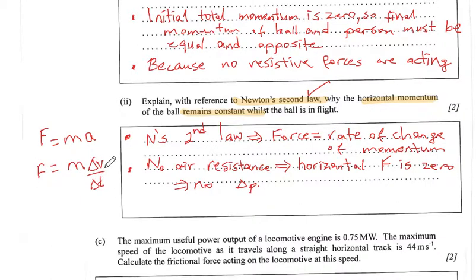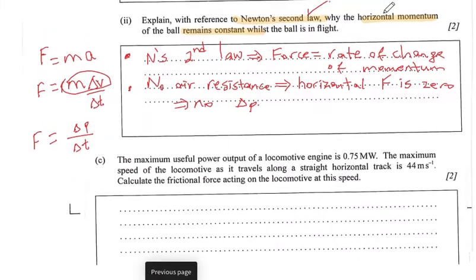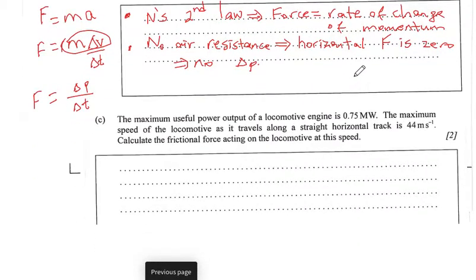Well, if you look at the top, I am multiplying mass times change in velocity. That is change in momentum right there. So I can rewrite this as delta p over delta t. Dividing anything by t is finding its rate. This is where I'm saying force equals the rate of change of momentum. It's an alternative way to express Newton's second law. In this context, I'm choosing it because I'm relating to momentum.